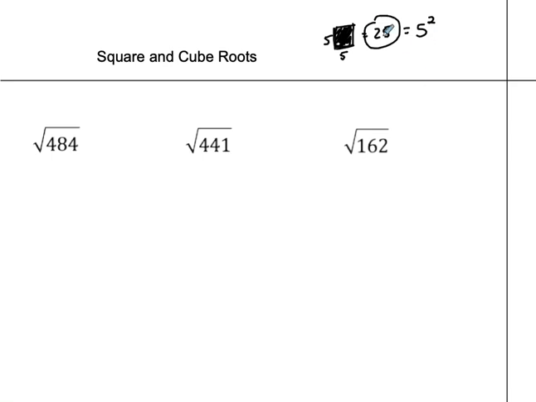To find the root of a square number, or a number that is representational of something multiplied by itself, I'm trying to undo taking the square of it. So if 5 squared is 25, then 25 is a perfect square, and the root of 25, or what got multiplied by itself to get me 25, that root is this base here of 5.